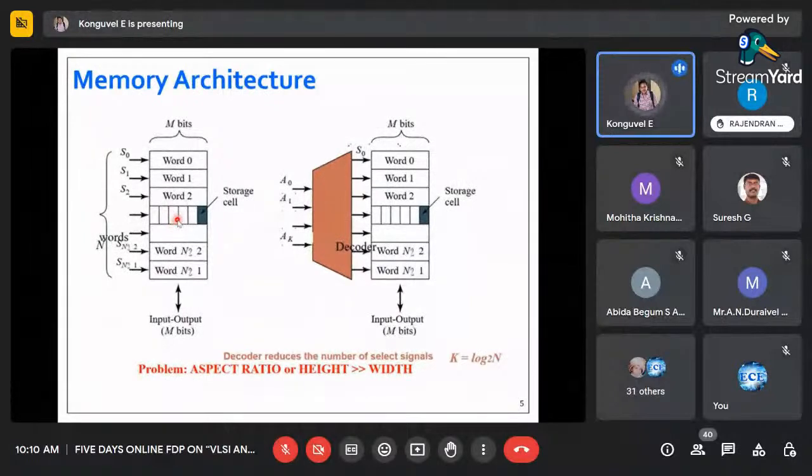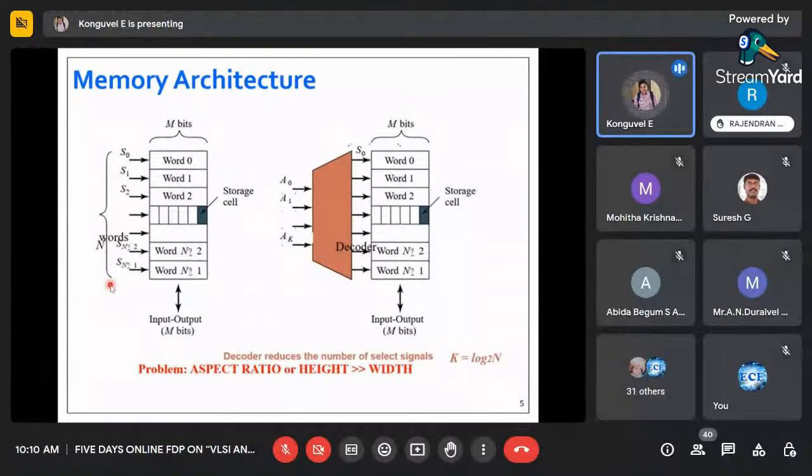That applies for reading as well as for writing. Say, for example, if we are dealing with one megabyte of words, we would need that many select lines. That is actually a disadvantage. We have 16 words, and for selecting any one word from the 16 words, we have to give one select line.